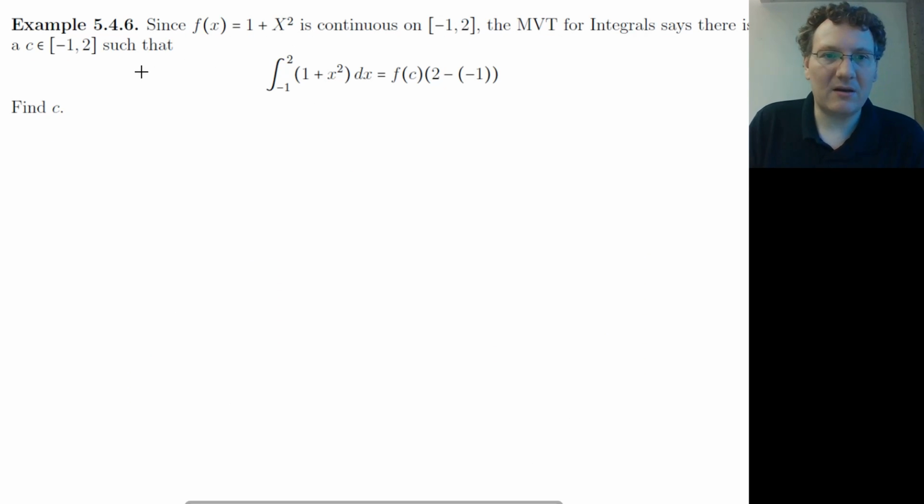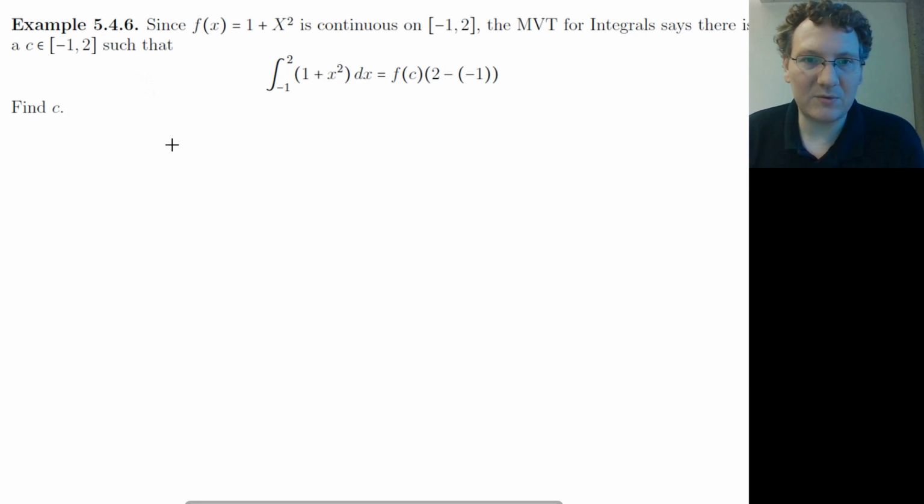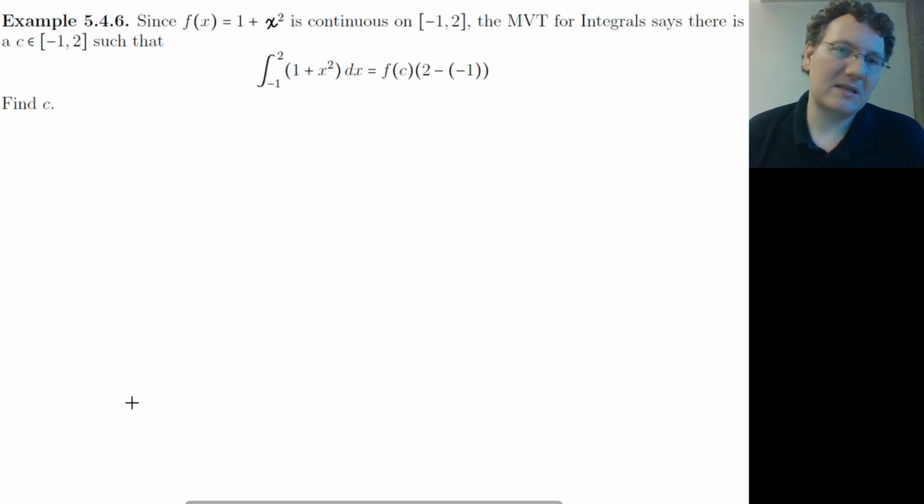Take this example here. If we have a function f of x equals 1 plus x squared, that should be lowercase, but such is life. Take this example of the function 1 plus x squared. It's a continuous function on the interval from -1 to 2.